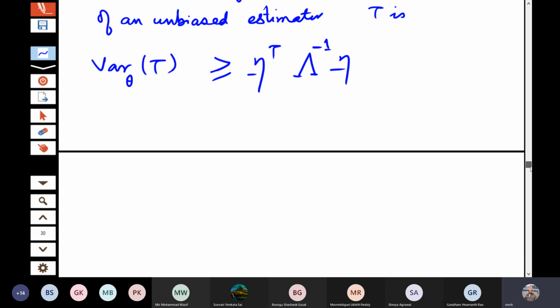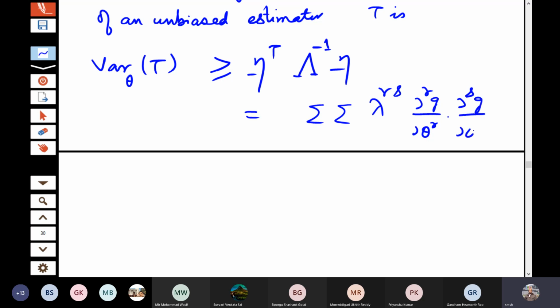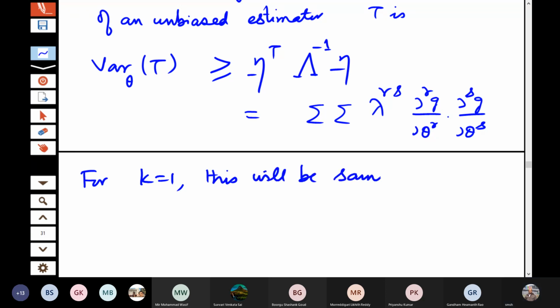Here the higher order derivatives have been used. In place of first order, you can have higher order derivatives. So this, of course, if you want to expand it, it will be like double summation lambda Rs inverse, del R G by del theta R, del S G by del theta S. For K equal to 1, this will be same as Rao-Cramer lower bound.